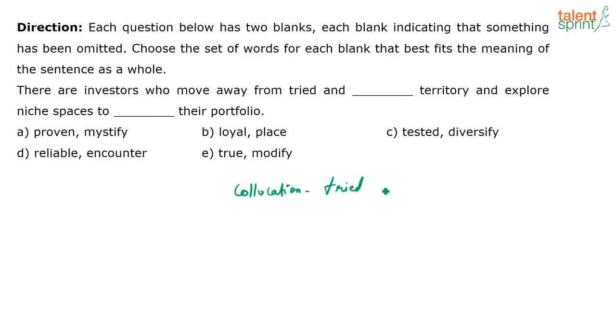Tried and tested. So when you say something is tried and tested, what do you mean by it? You've experimented with this thing earlier and it has proved successful. You can rely on this. So let's say you have guests at home and you want to make something new for them as a dish.